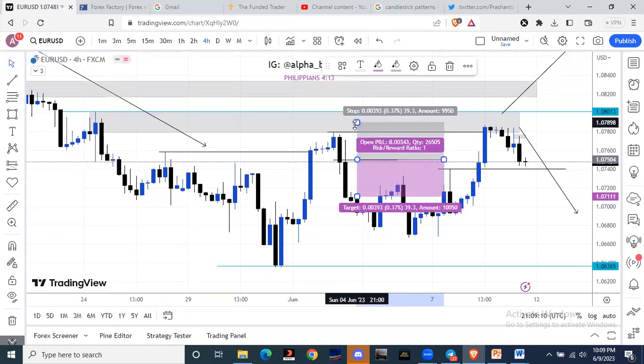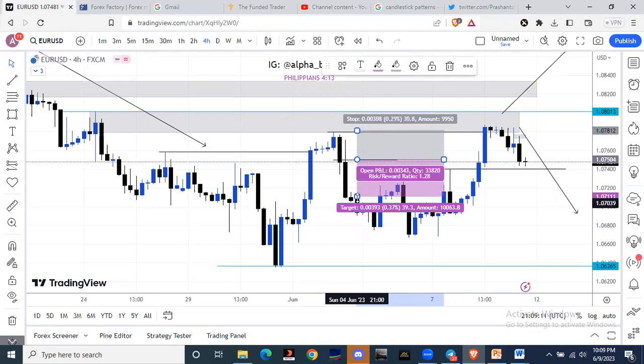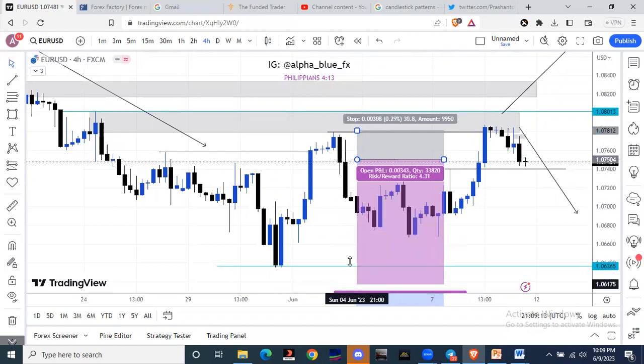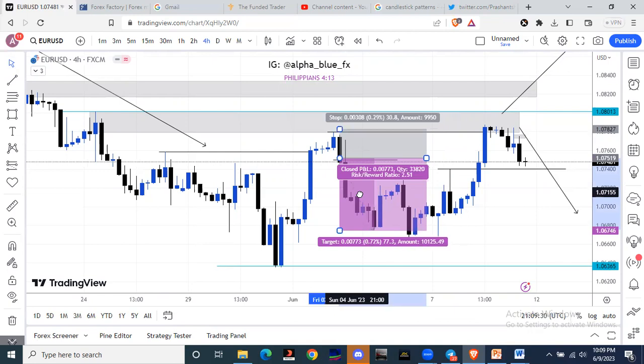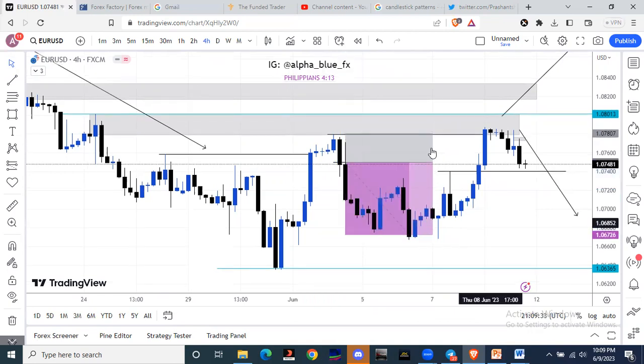So you can put your stop loss here, put your take profit. Maybe let's say you were even targeting down here and price didn't reach down here, fine. You didn't win the trade, but if you were targeting somewhere around here, let's say 1 to 2 risk to reward ratio, you see that you have gotten a winner on this trade from this simple idea of a bearish engulfing candle. So this is more confluence to your trade.